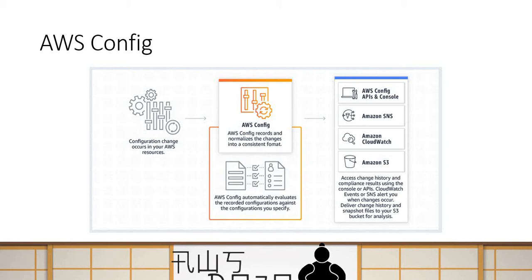Suppose you deployed some solution on AWS, with EC2 instances, Lambda functions, queues, SNS, S3 buckets, these kinds of resources, and you want to track the configuration changes happening in these resources, then you want to use AWS Config.